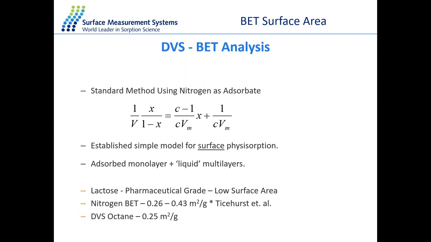If we know the volume of the monolayer of the molecule absorbed on our sample, we know the mass of the sample because we measure it at the beginning of the experiment, and we know the cross-section area of the molecule because we are pushing water on top of the sample. So we know the cross-section area of water. By knowing these parameters and the volume of the monolayer, we can automatically calculate the surface area of the sample, which divided by the mass of the sample is the specific surface area.